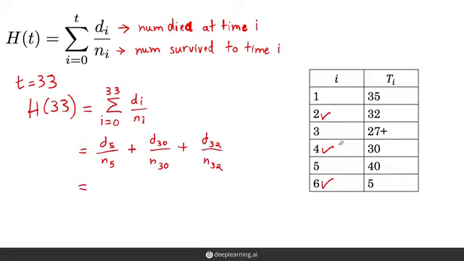So d5, remember, is the number that died at time 5, which is going to be 1. And n5 is the number that survived to time 5. We can see all 6 patients survived to time 5. Then we have d30. So we look at how many patients survived to 30.